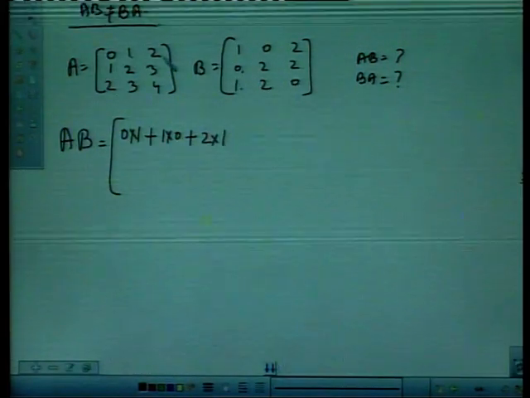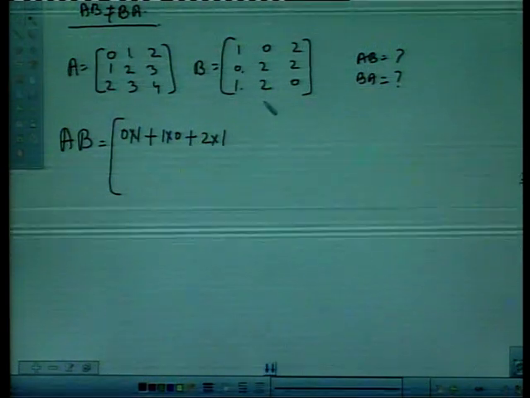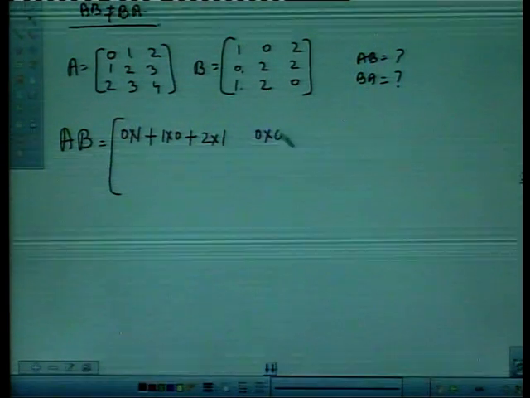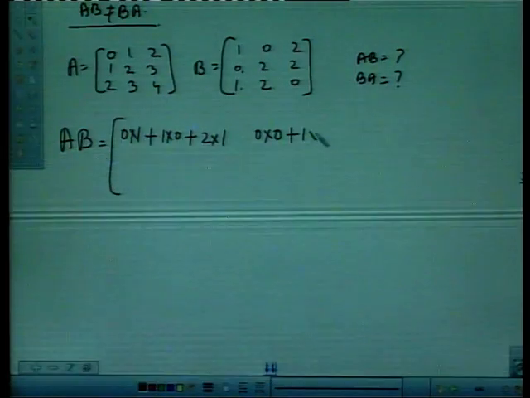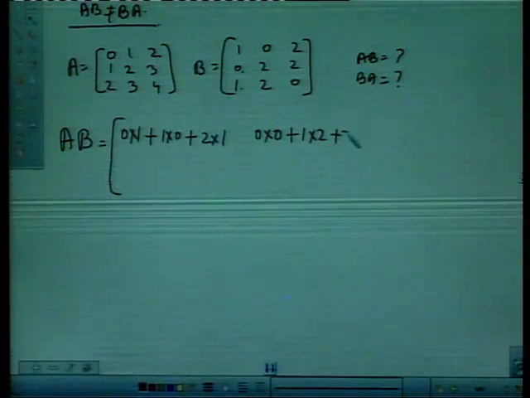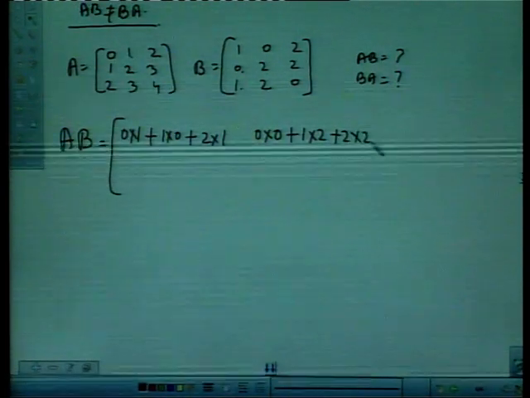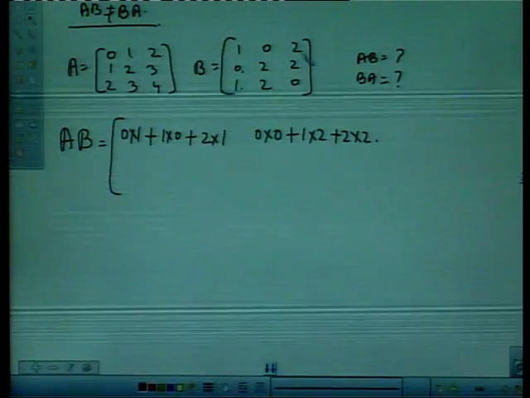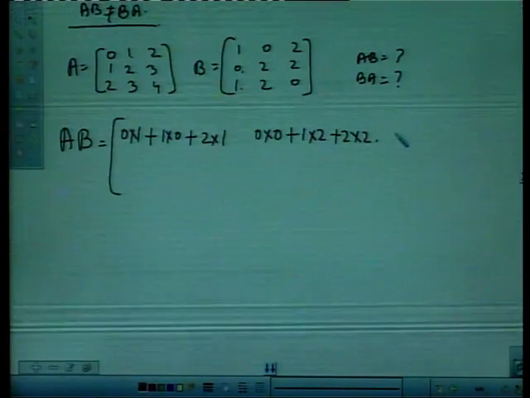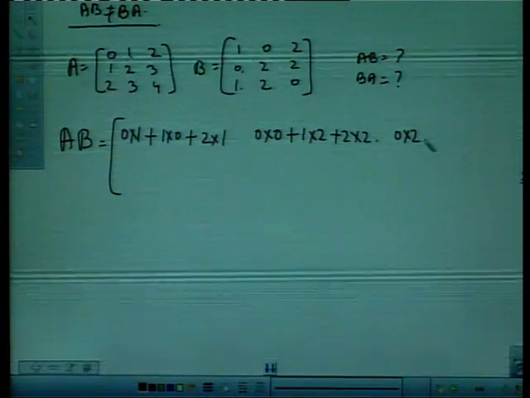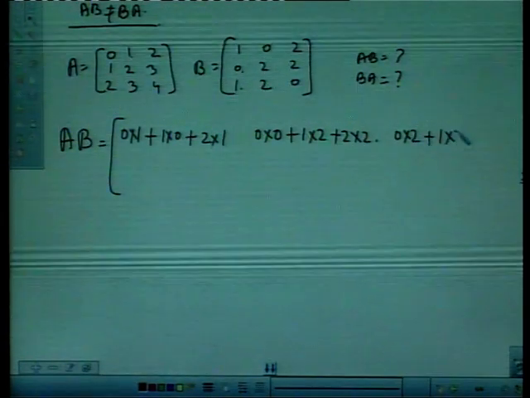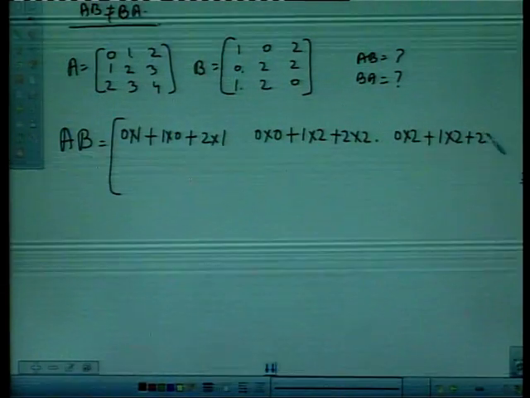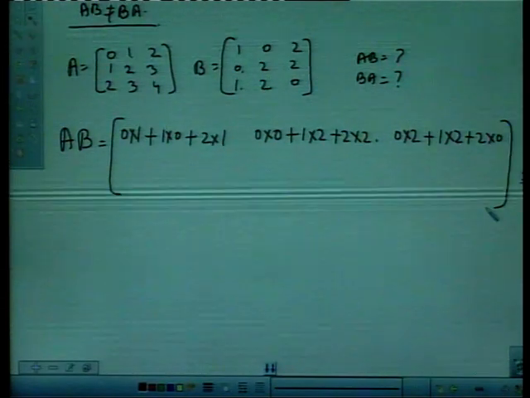Now again first row, second column: 0 multiply by 0, 1 multiply by 2, and 2 multiply by 2. Now again the row is our first and the column is now third: 0 multiply by 2, 1 multiply by 2, and 2 multiply by 0.